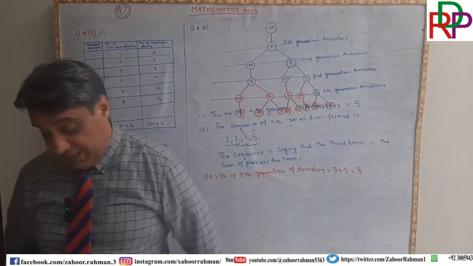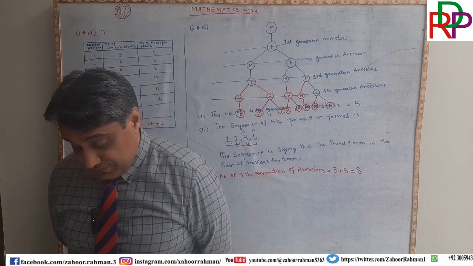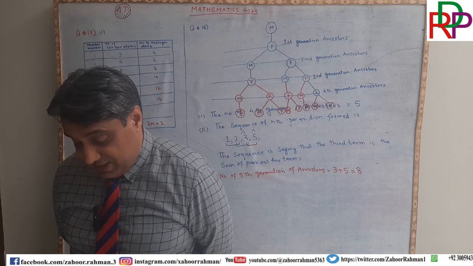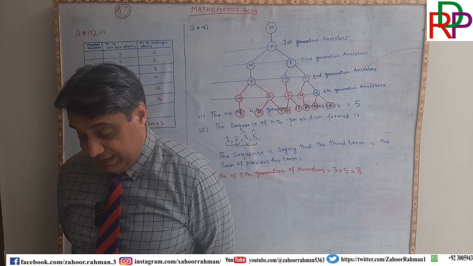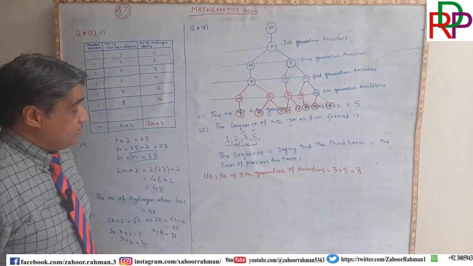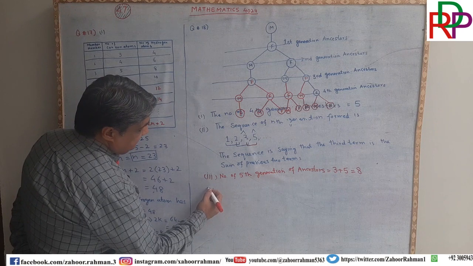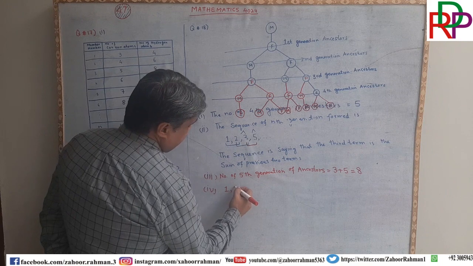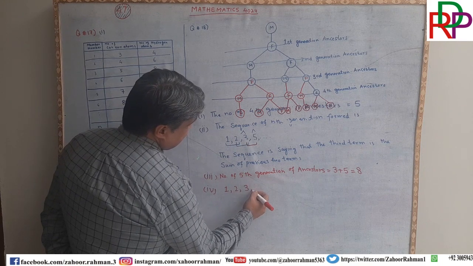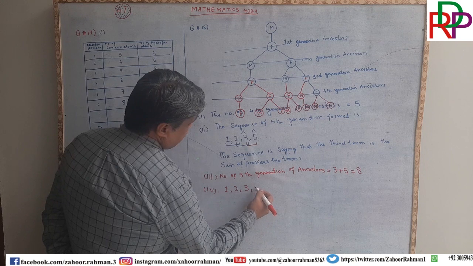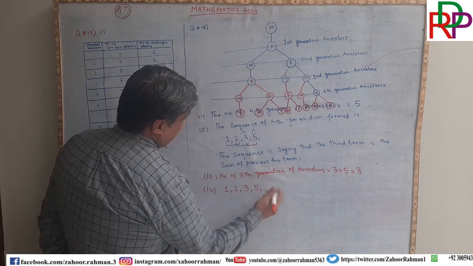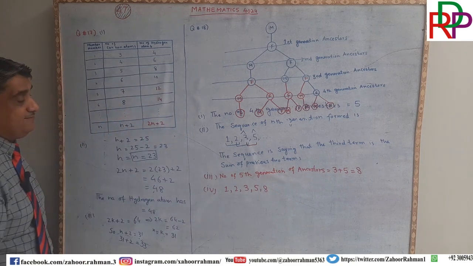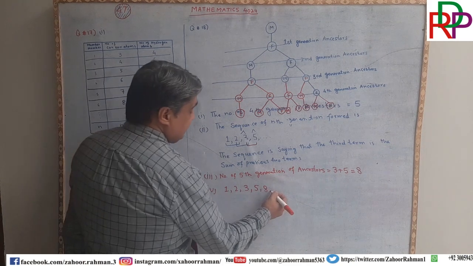Now the fourth part is saying, predict the number of 10th generation of an ancestor. Now first generation is having 1, second generation is having 2, third generation is having 3, fourth generation is having 5, and we found fifth generation is having 8. So what will be the next?